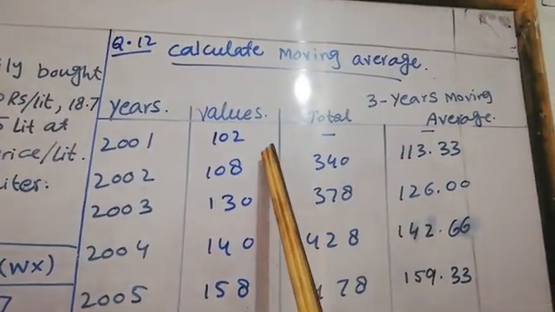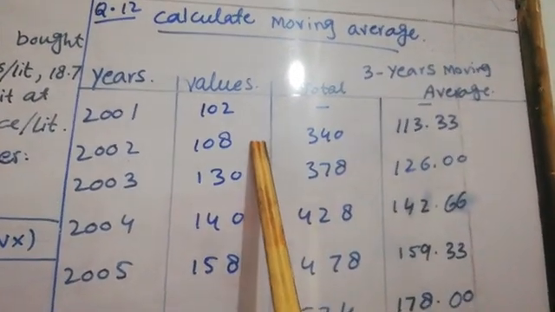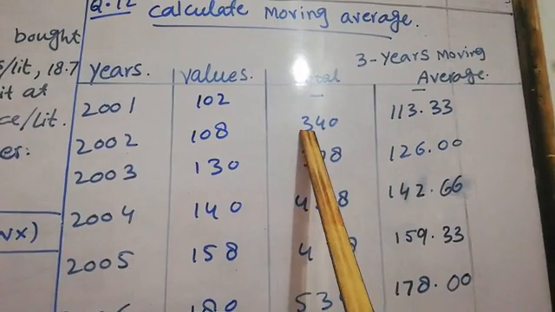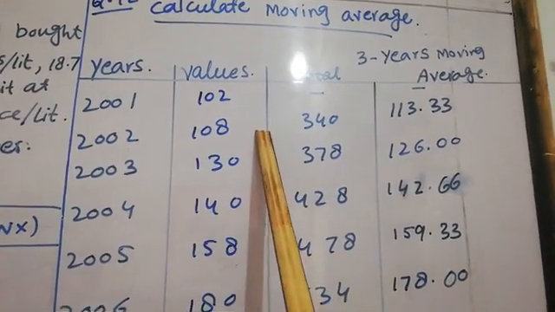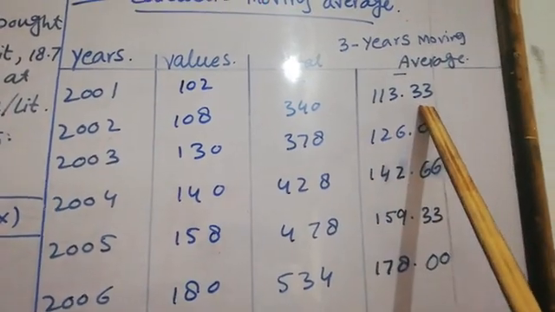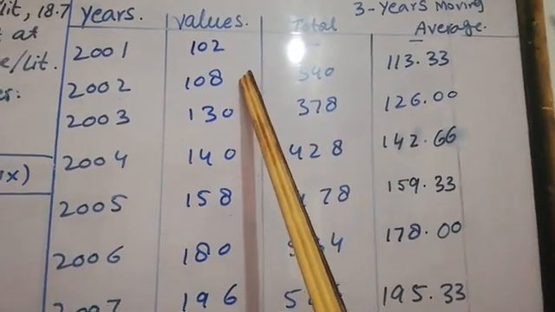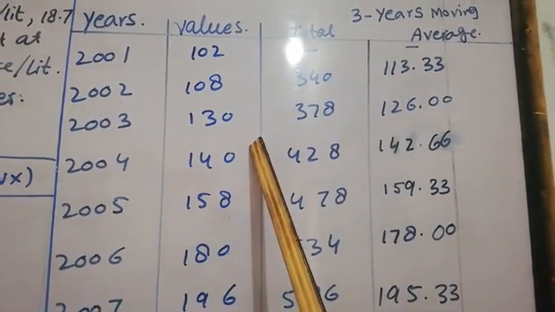Write the sum of these 3 values at the middle, because average is the middle value. Then we will divide it by 3, and we will get 113.33. This is the first average.